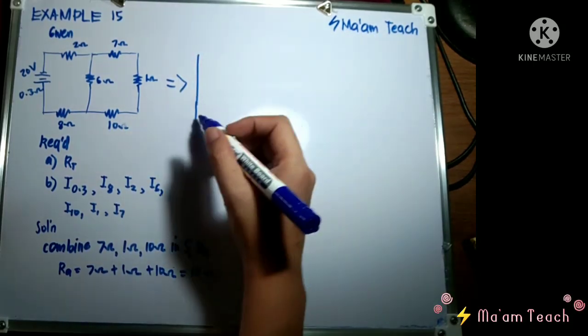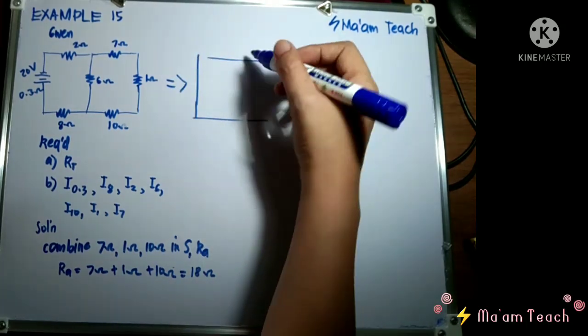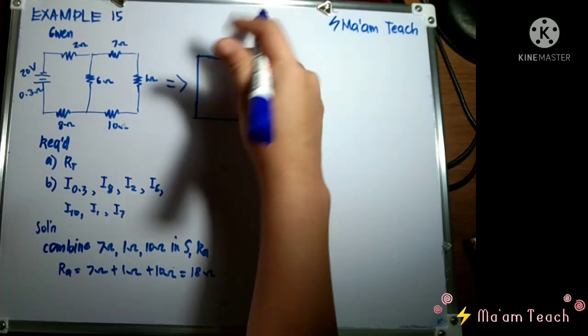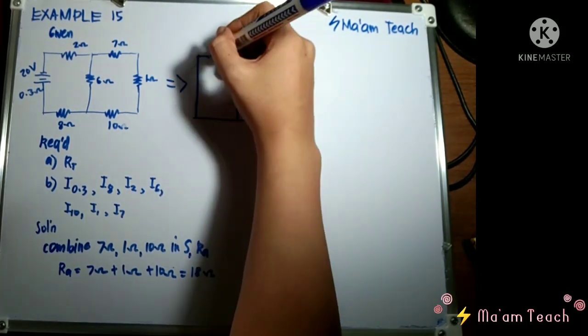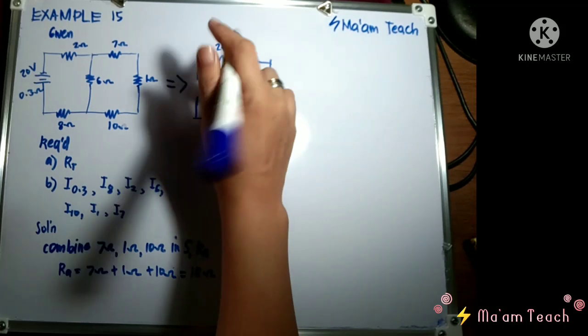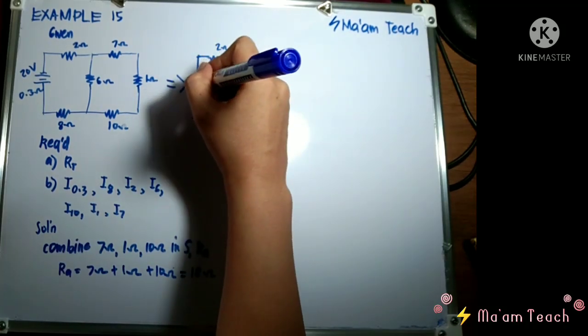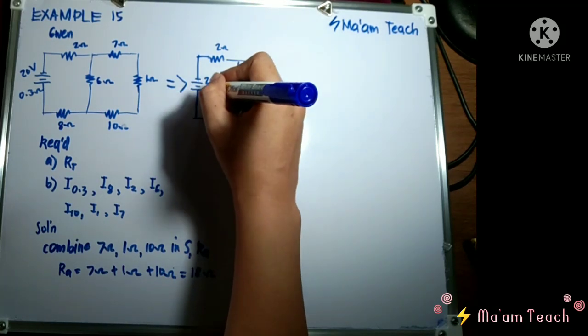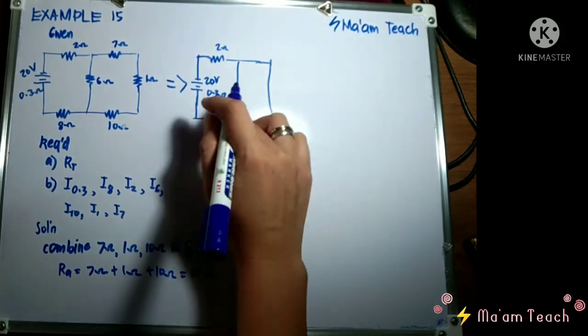From here, our circuit will become simplified and looks like this. This is our 2 ohms. This is our supply, which is 20 volts, 0.3 ohms.